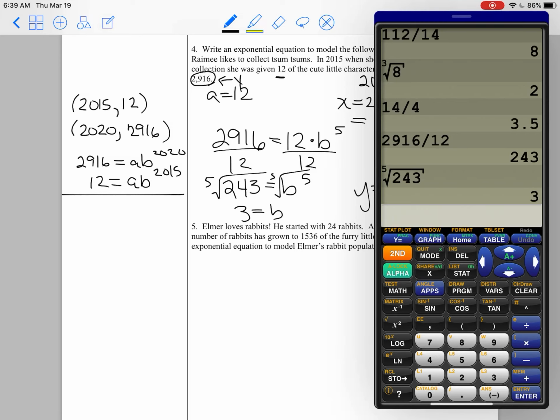Well, we already divided, so 2,916 divided by 12 is 243 equals, the a's are going to cancel, and 2020 minus 2015 is going to give me b to the 5th, and then we just still do the same things. We're going to get that same 3.